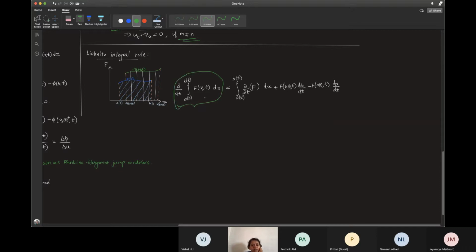It is the integral of some function, where a and b, the limits of the integral, are dependent on time. So you cannot just take this d by dt inside. That is why you have this expression. I'll explain how this expression is obtained.